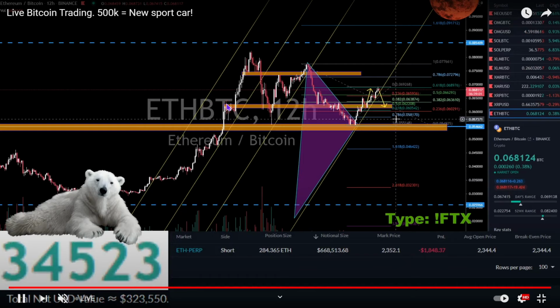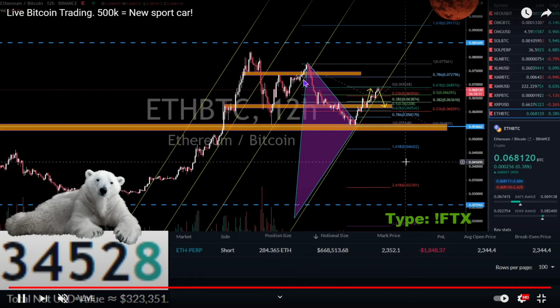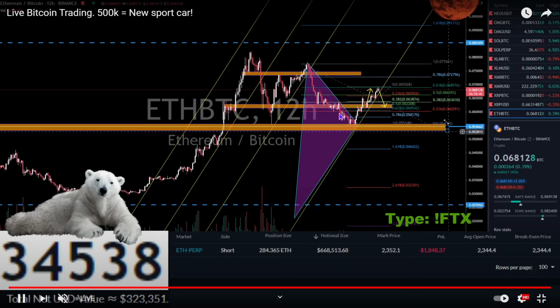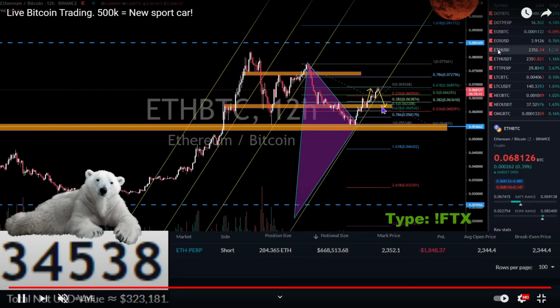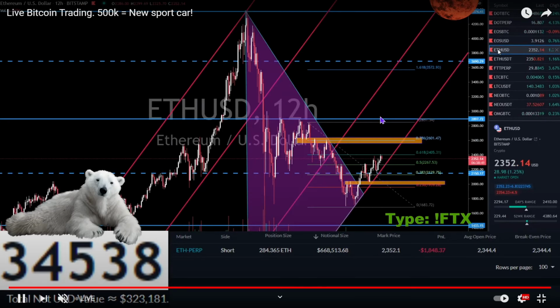Price came over here, got rejected, dropped down here, got supported, dropped down over here, got supported, drop over here, got resisted, came up, got resisted over here, dropped down over here, got supported. So this is a multi-touch support line that you think price might reverse off of.